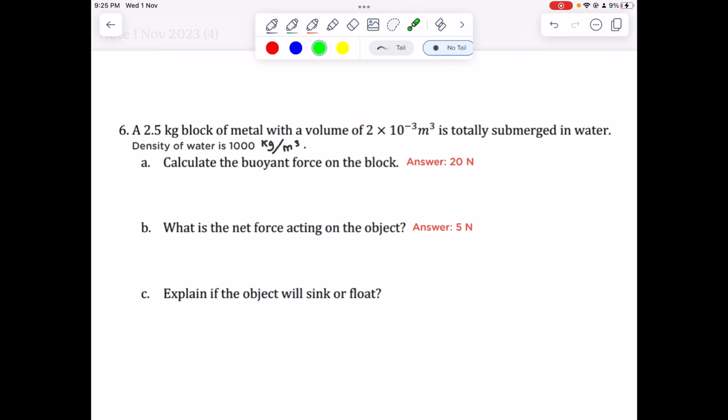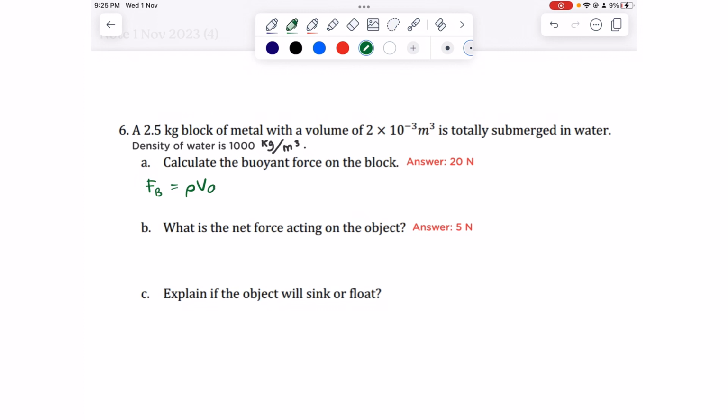So the formula for buoyant force FB is equal to the density of the liquid multiplied by the volume multiplied by the acceleration due to gravity. The liquid that we're talking about here is water, and it has a density of 1000 kilogram per meter cube.